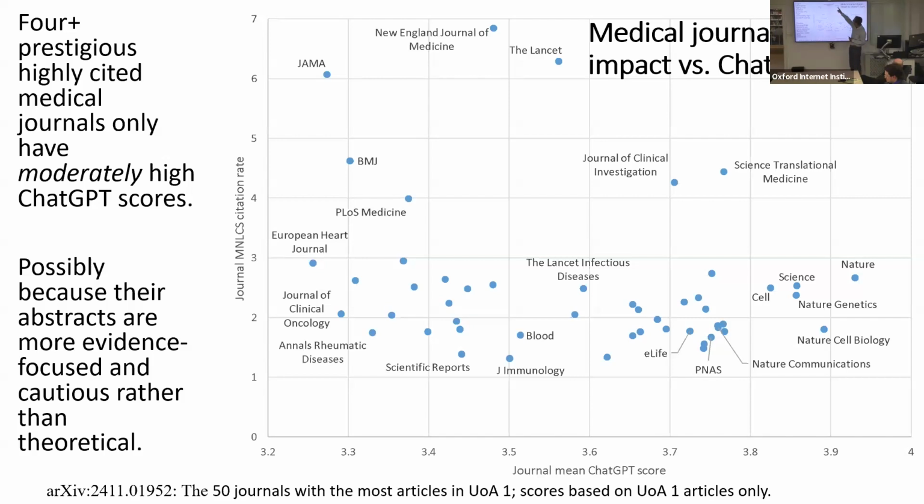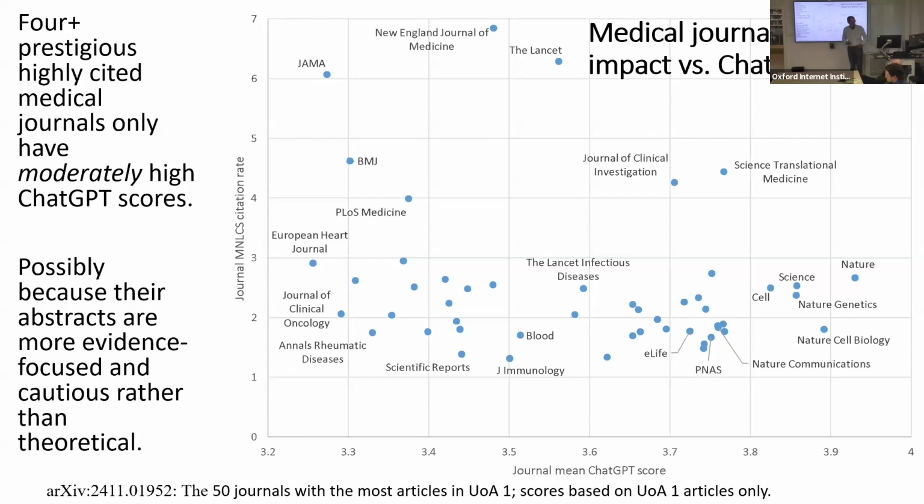But these are outliers. JAMA, New England Journal of Medicine, Lancet, and BMJ get loads and loads of citations. They're way at the top of the citation ranking list, not just for medicine, but for all journals. But they get a good score from ChatGPT, not a really high score.